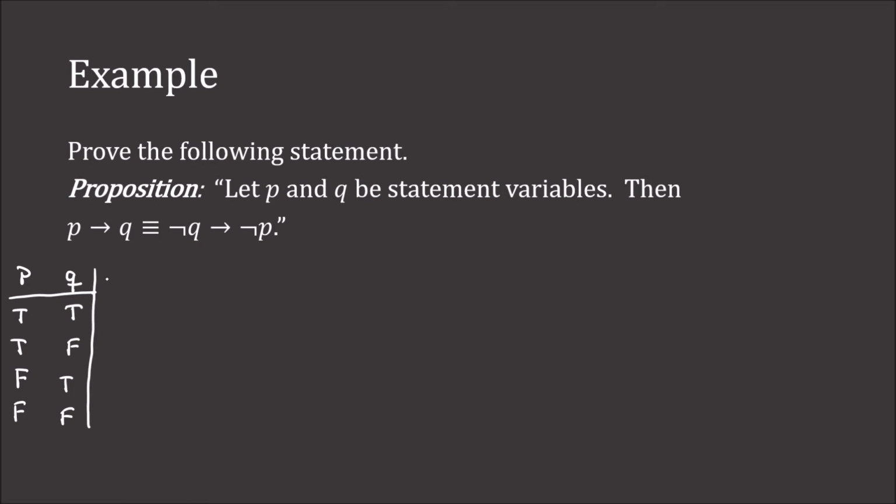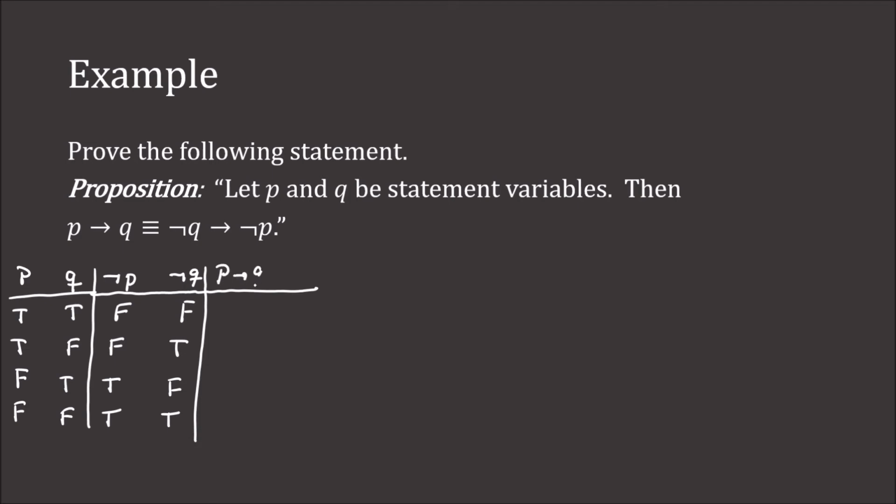Let's create a column for not P, and we'll also create a column for not Q. Remember, negation just switches the truth values. P implies Q is false only when the hypothesis is true and the conclusion is false, so that is row 2.